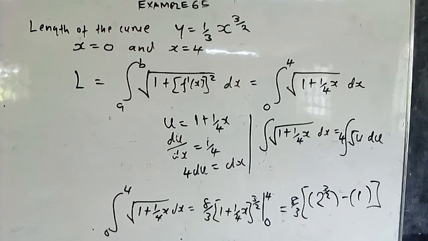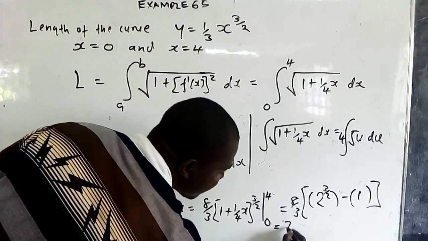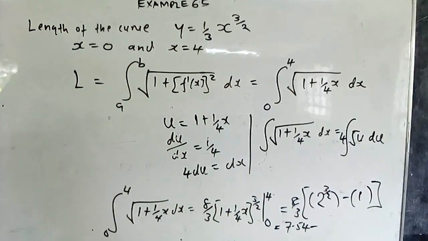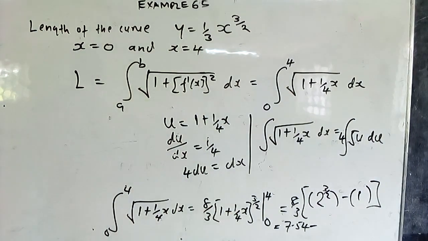If you substitute the limits, what do you have? The first one you have is 7.54. So this first part is 7.54. Then minus this second part, which is when you substitute 0. What do you get to be the answer?